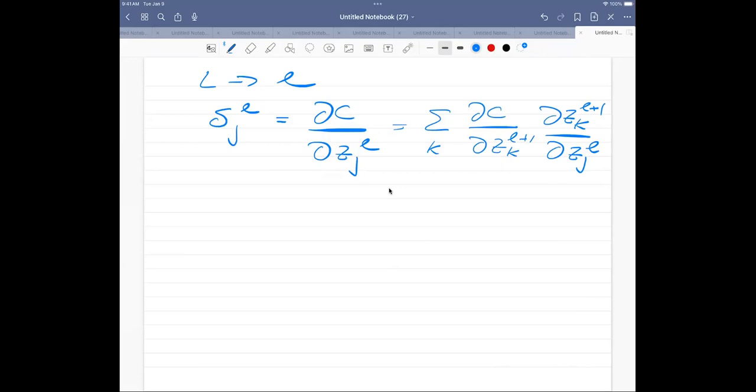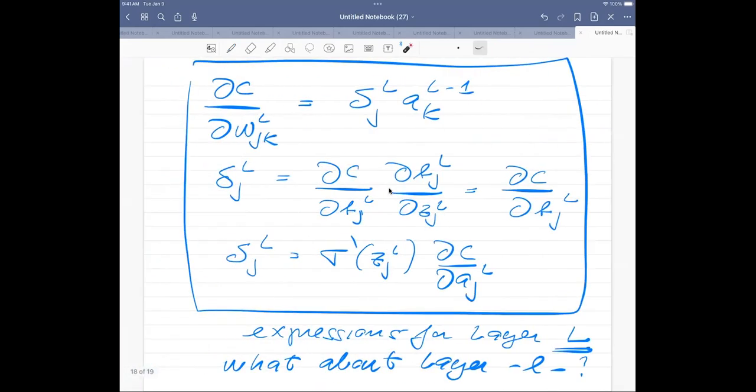But we will see these details next week. So when we do this, we know this value here is something we already have, through the expression which you see here. So this delta j of L is something we can define from that.